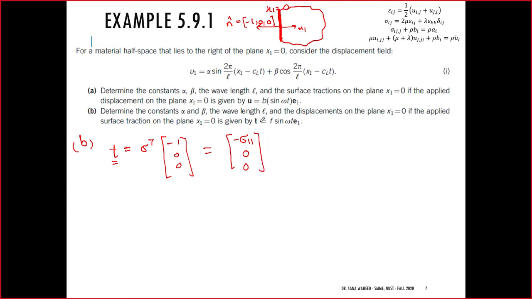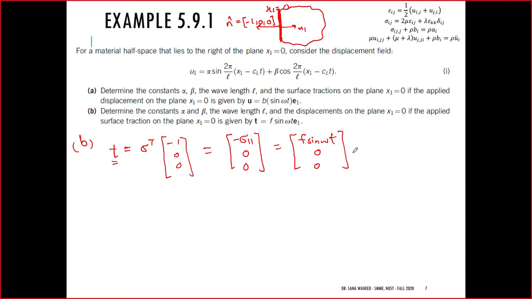So मतलब ये हुआ, comparing this to जो हमें given boundary condition है, the given boundary condition is the traction is just equal to f sine omega t for the one component. There is no other E2 or E3 component. So what are we getting?